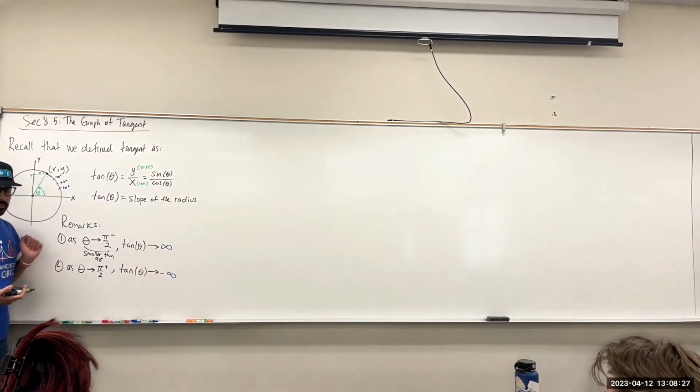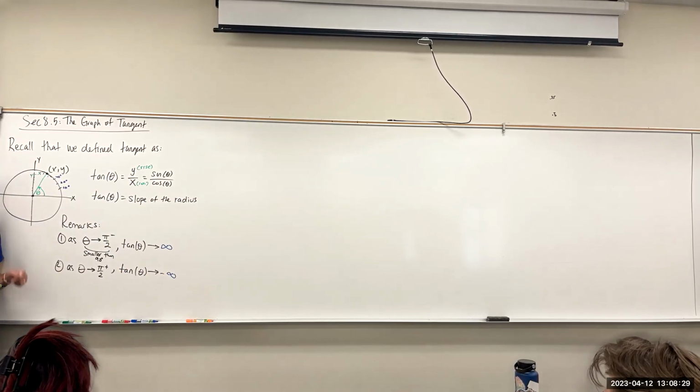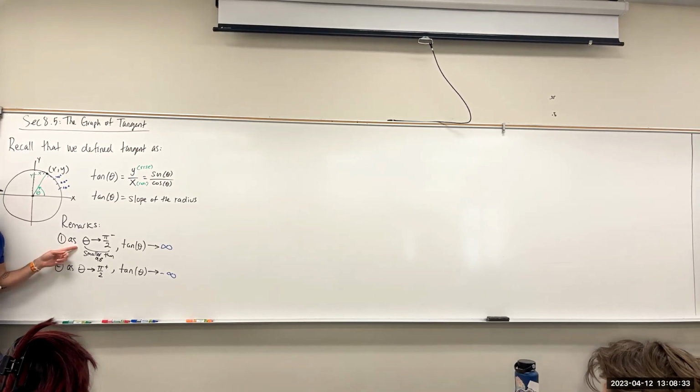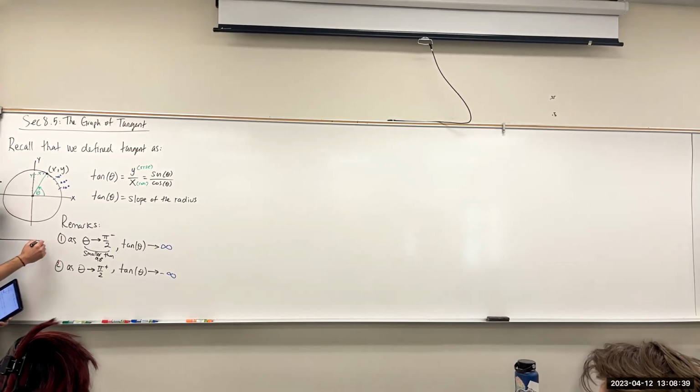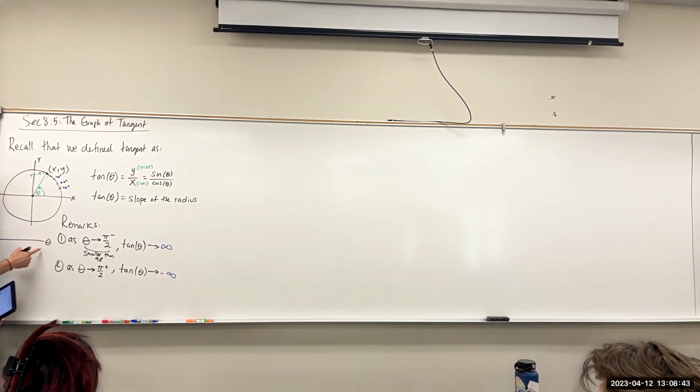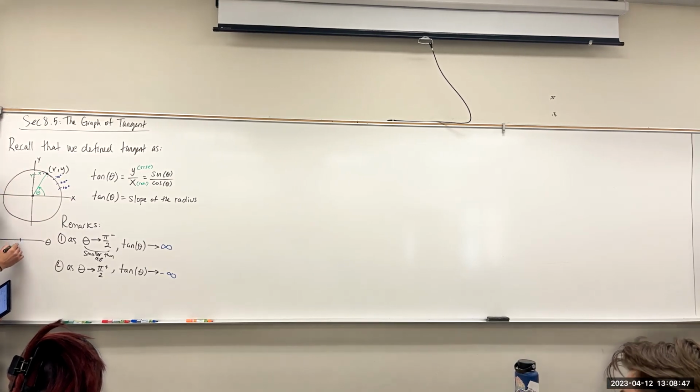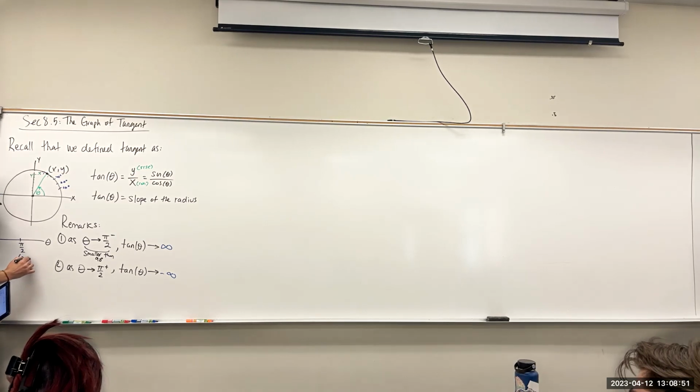Okay. Question? Yeah. If theta is approaching pi over 2 from the left, why do you try from the right side? So visually, the thing is that I don't have a theta axis, right? It's the x-axis and the y-axis. But pi over 2 is over here, which is really 90 degrees.